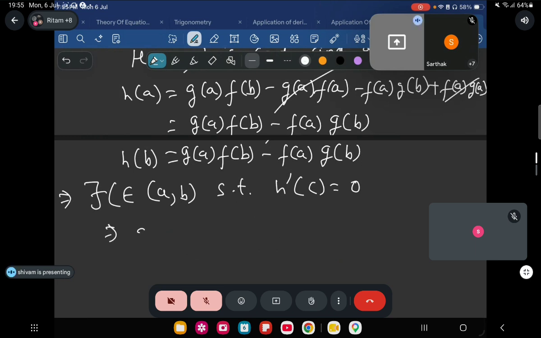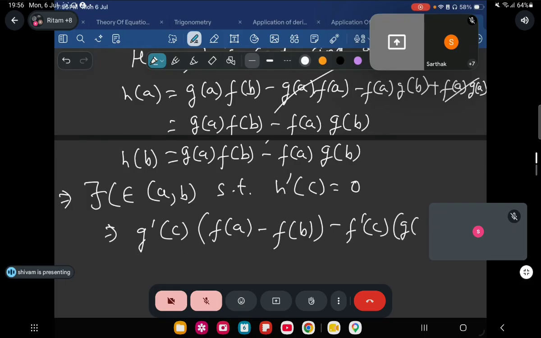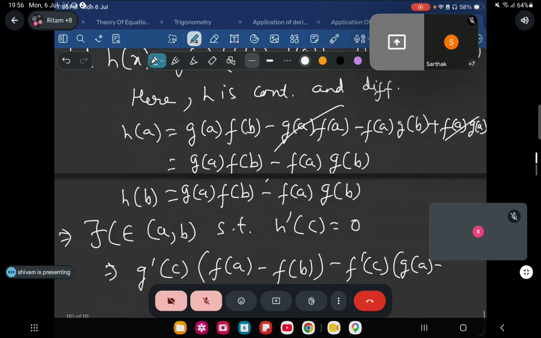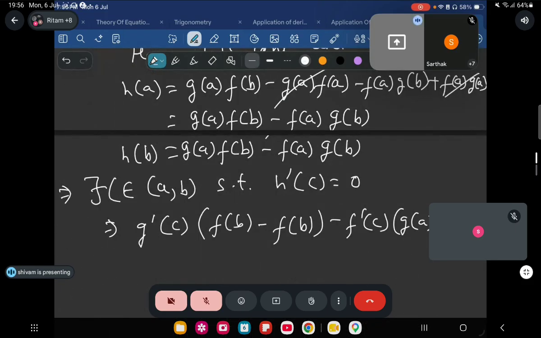This implies g dash c into f of B minus f of A minus f dash c into g of B minus g of A will be equal to 0.